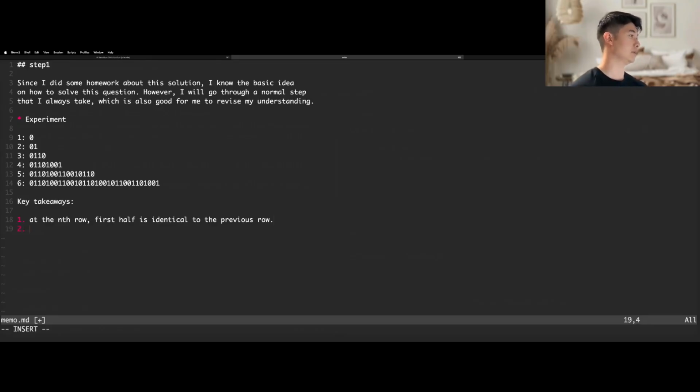Second, at the nth row, the second half is identical to the flipped over version of the previous row.